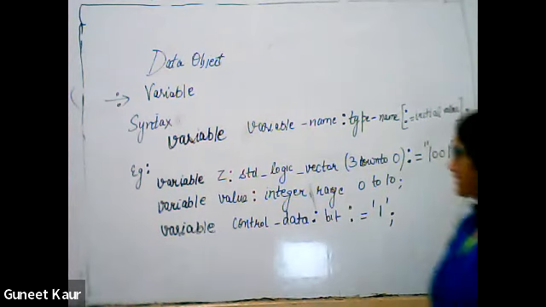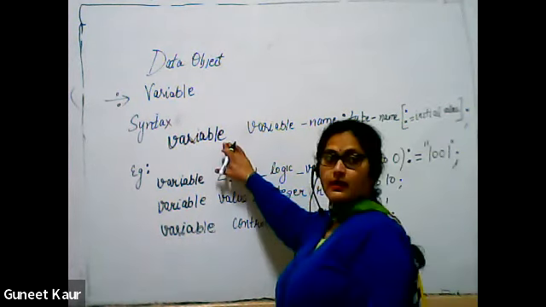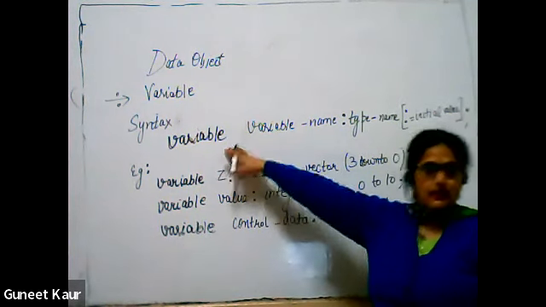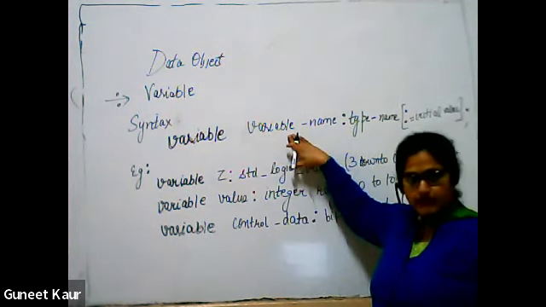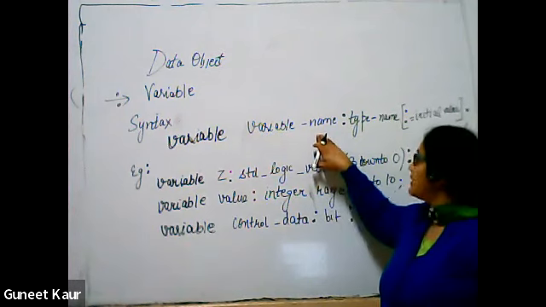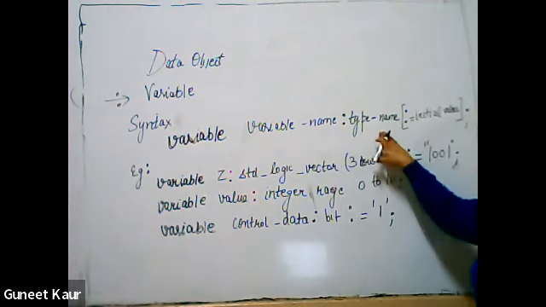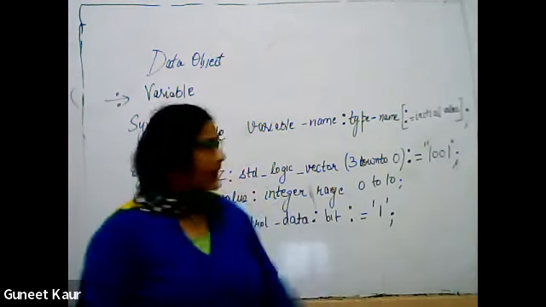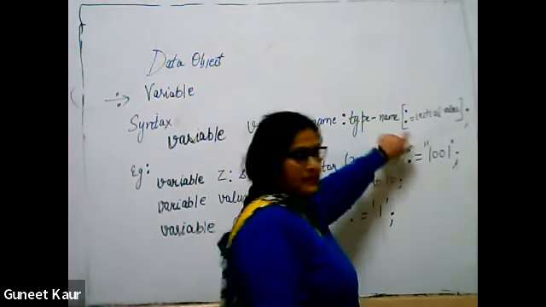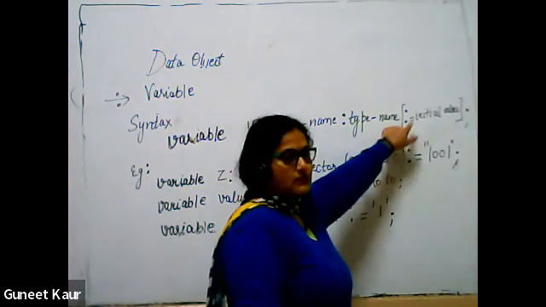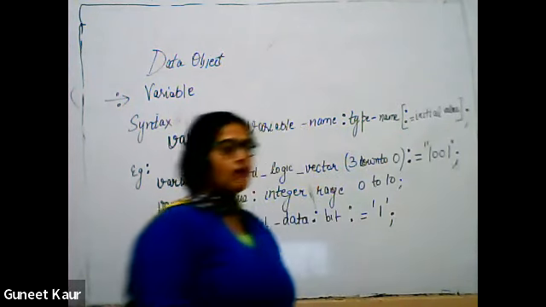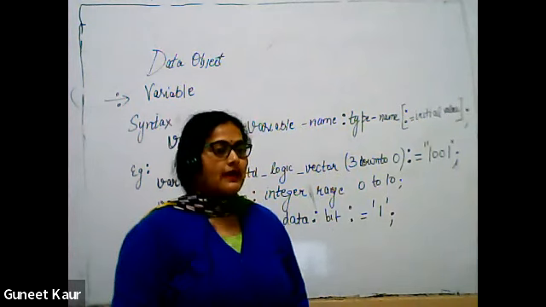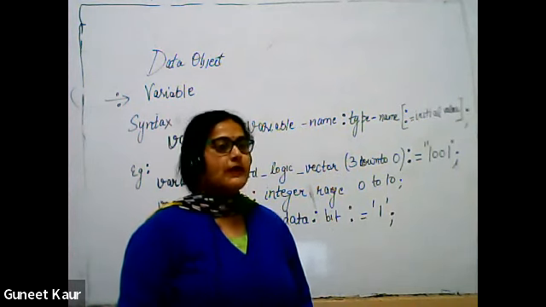As you can see, firstly, the class of the data object is written as variable, then variable name, colon, type name, the type of that variable object, then square bracket start, colon equal to initial value, square bracket close, semicolon.